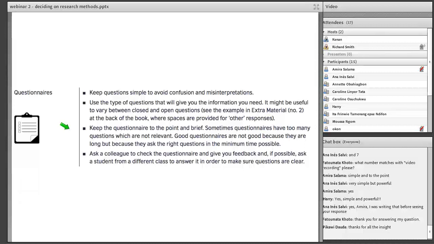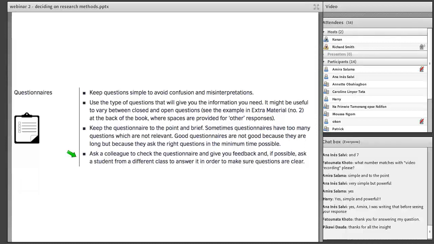You must keep the questionnaire focused on your issue and not go into all sorts of different issues, and keep it brief. Sometimes they can be very long questionnaires, but you want it to be brief and not interfere too much with your teaching. And also, the longer it is, the harder it's going to be for you to make.